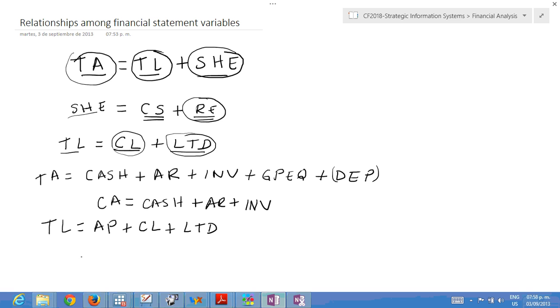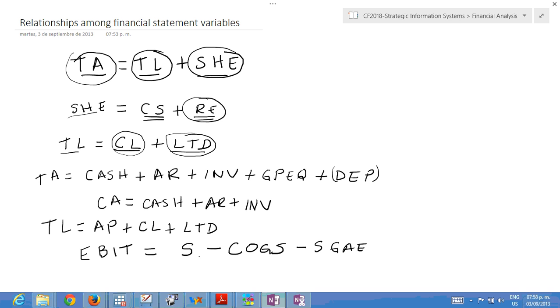Now let's do some simple math, just reviewing what EBIT is. EBIT is earnings before interest and taxes. In this case, it is sales minus cost of goods sold, which is the variable cost of production, and you also subtract the sales and general administrative expenses.